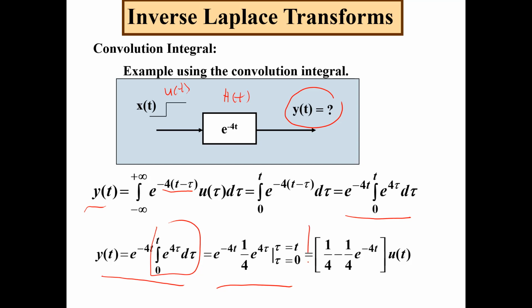Then we get this equation: 1/4 minus 1/4 e^(-4t) u(t). So this is y(t) if we use the convolution integral.